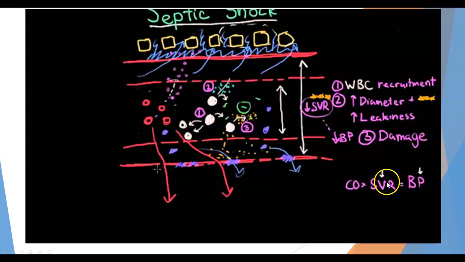Cardiac output times systemic vascular resistance equals blood pressure. So if we have a drop in that, we have a drop in blood pressure. Hypotension, right? Shock. What is shock? Shock is inadequate tissue perfusion. Hypotension's a big culprit of that.